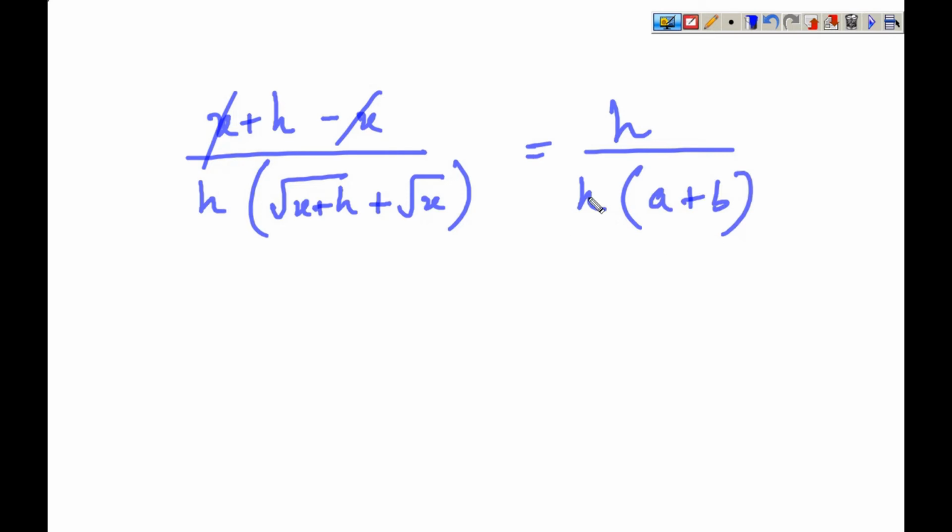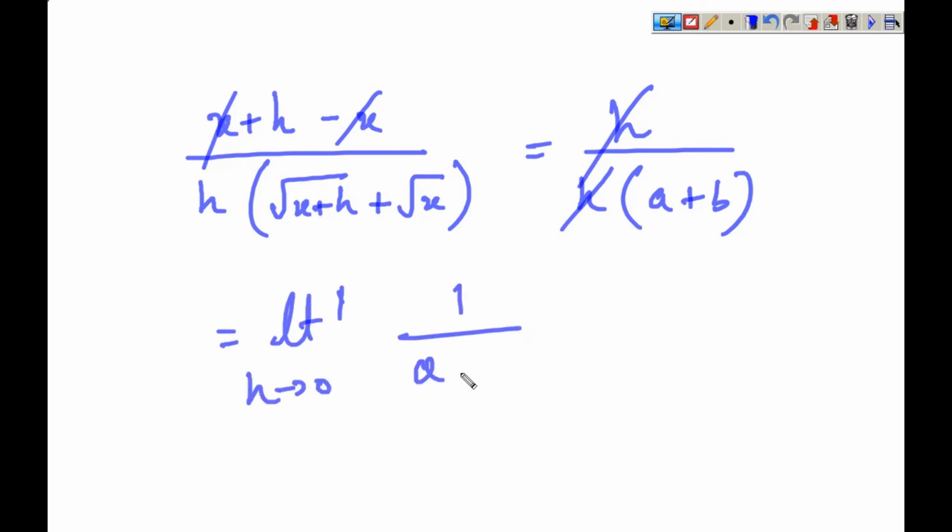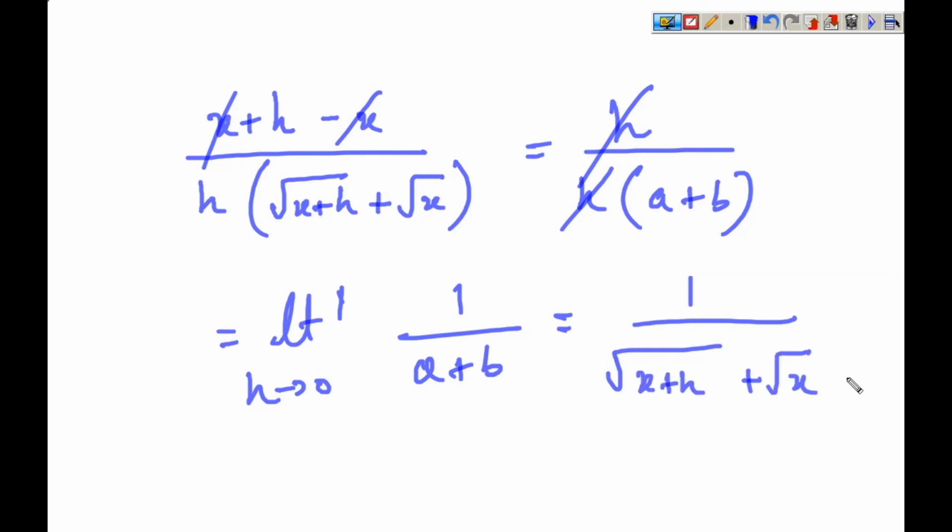I can rewrite the a plus b. Also h is cancelled out, so we can rewrite this as limit of h approaches 0 1 by a plus b, that is 1 by under root of x plus h plus under root x.